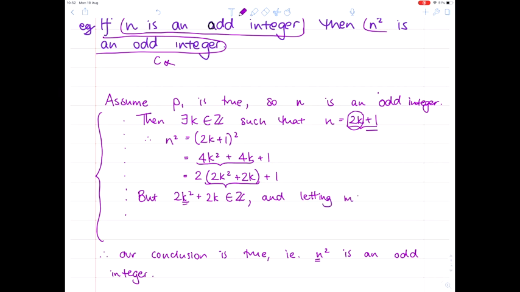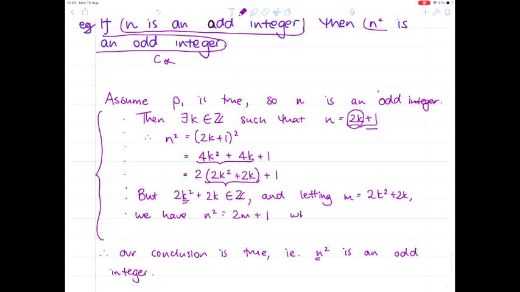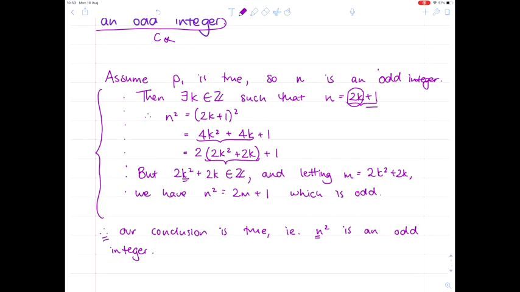Letting m equal 2k squared plus 2k, we have that n squared is equal to 2m plus 1, which is odd. And therefore, our conclusion is true: n squared is an odd integer.